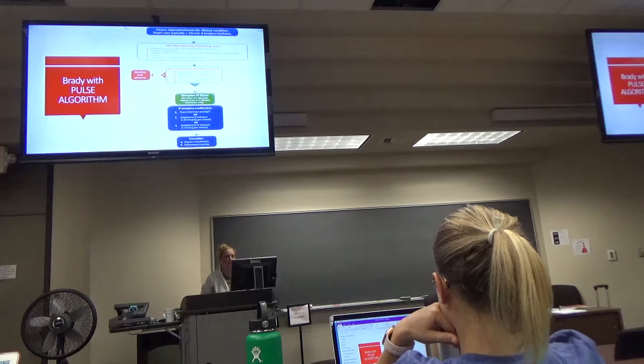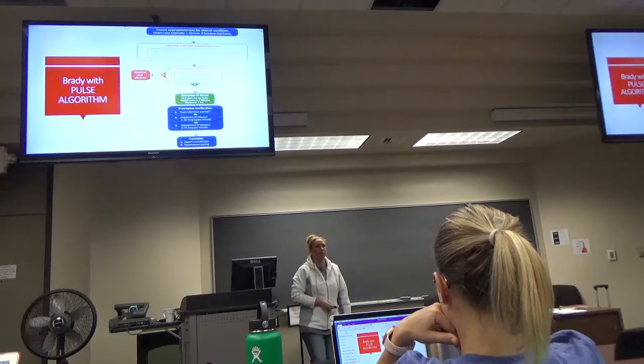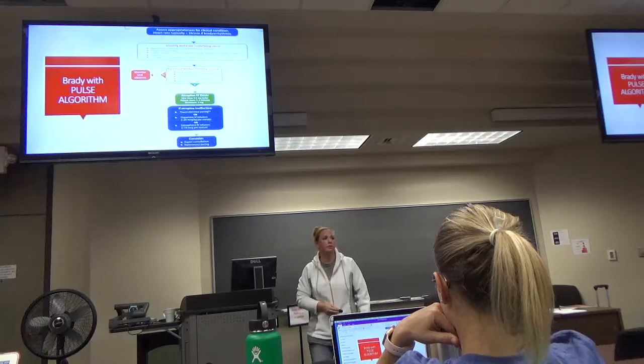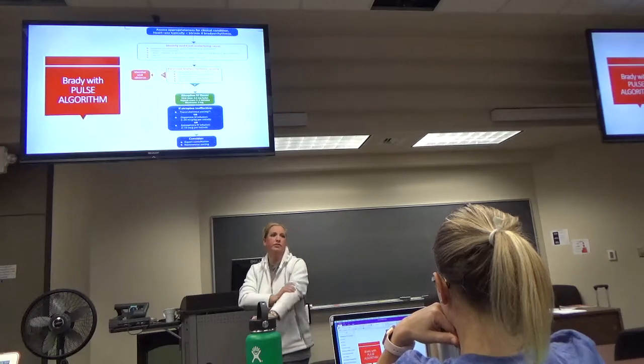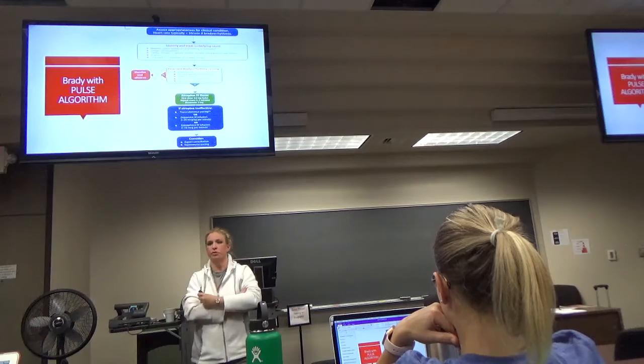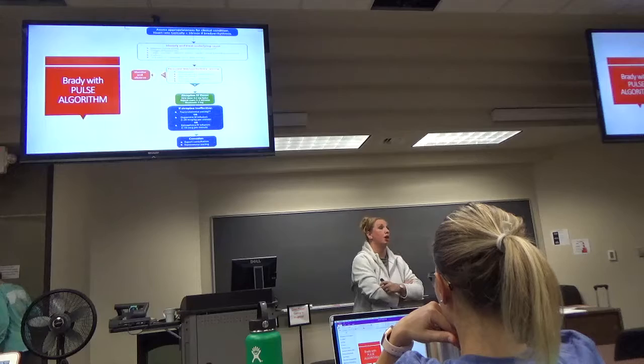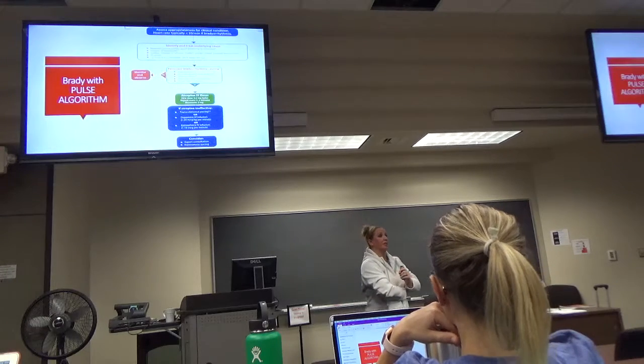Signs of shock. Does that give you ideas immediately from that, or do you guys feel like we need to cover that a little bit more? What's your first sign of shock? What are your different types of shock? This is way back.